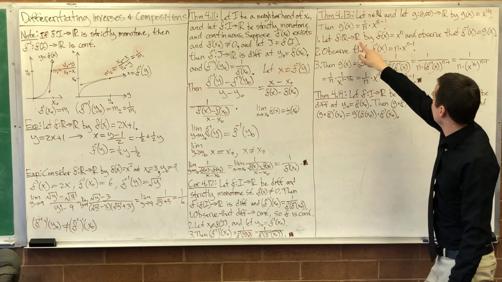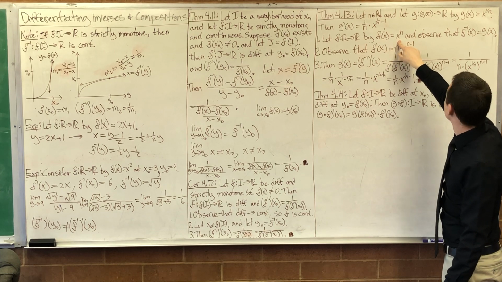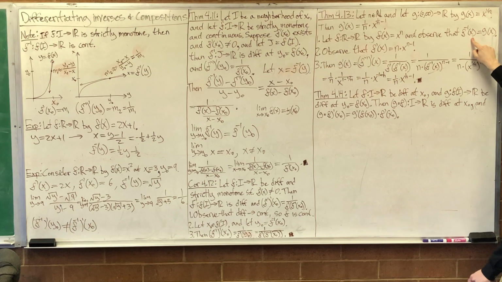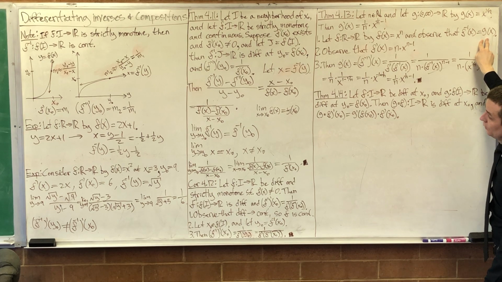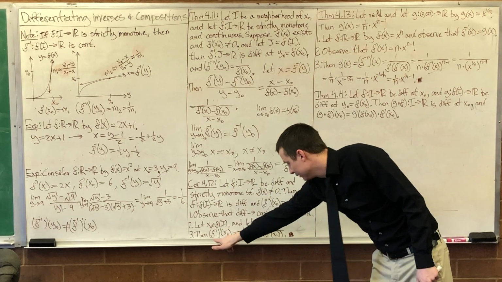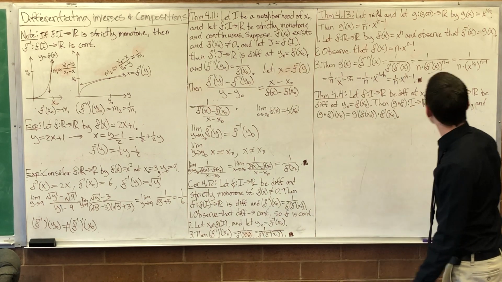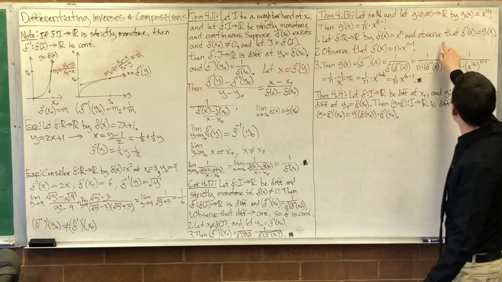So let f be some function from r to r by f of x is equal to x to the n. And observe that f inverse of x is equal to g of x. I didn't keep consistent on my variables, because I was going to plug it in exactly how it was in the theorem.